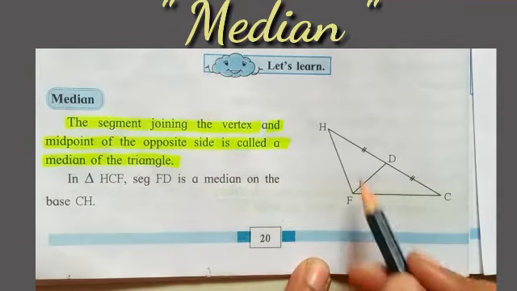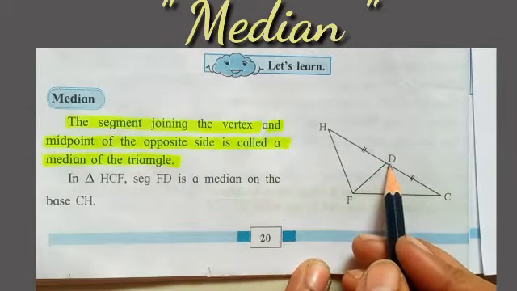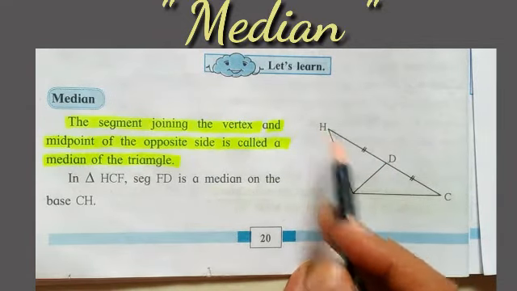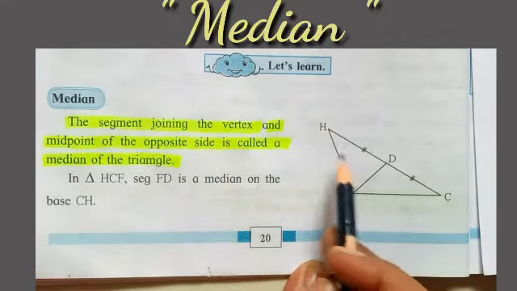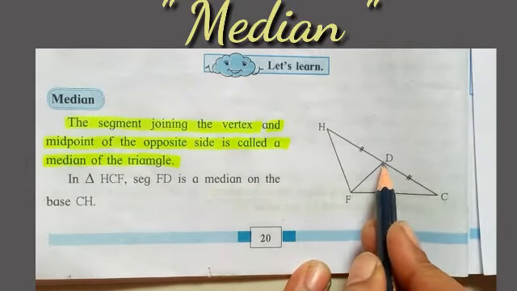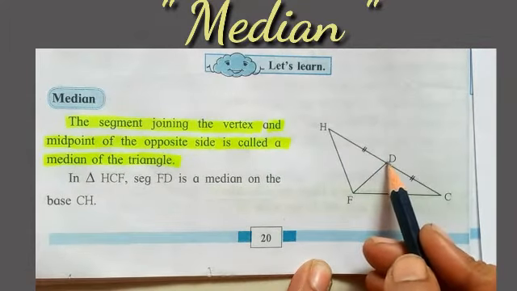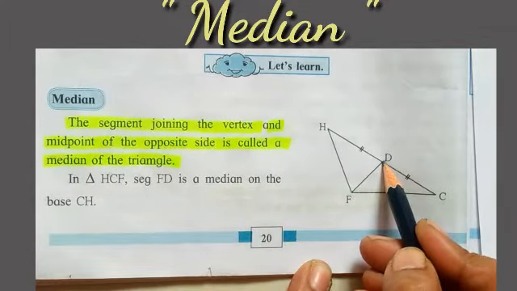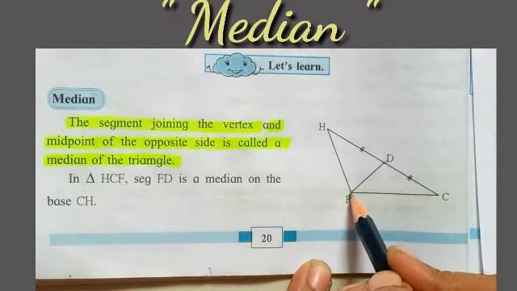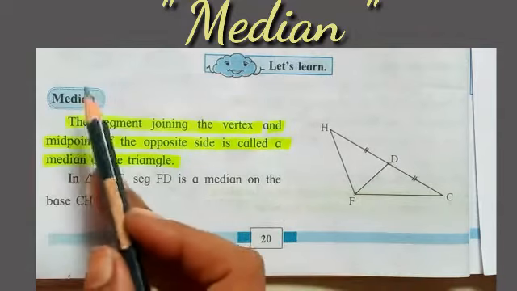So here this point D is the midpoint of the segment HC, the side of the triangle. The segment which joins the midpoint of a side to the opposite vertex is called a median.